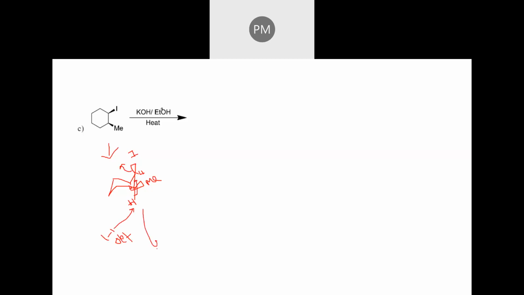By this way, the product will be like this. So this will be the double bond.